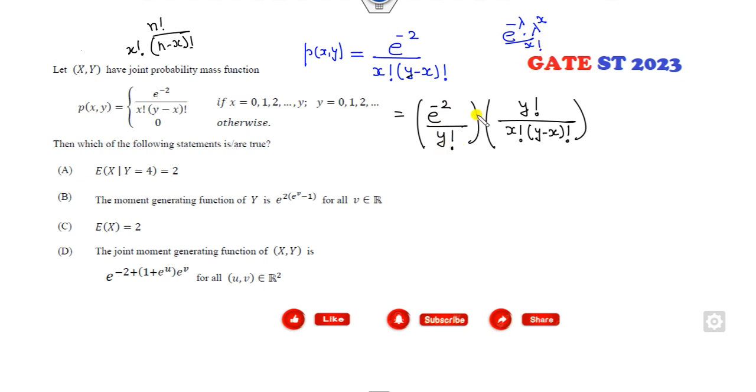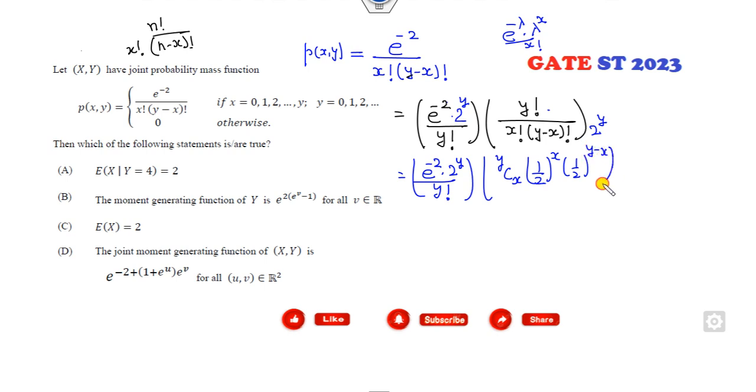Fine. So now here is the y, so I can multiply this by lambda, which is 2 raised to power y. So I can divide also by 2 raised to power y. Fine. So this value I can simplify, this is y factorial. What is that? This is nCx, half of y. I can write this number as half of x, half of y minus x.